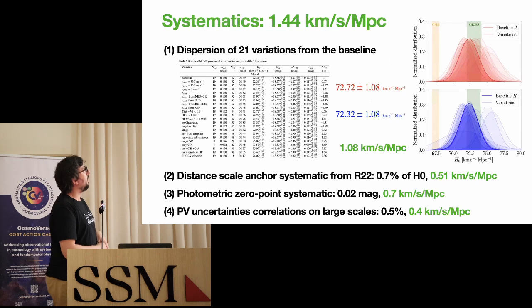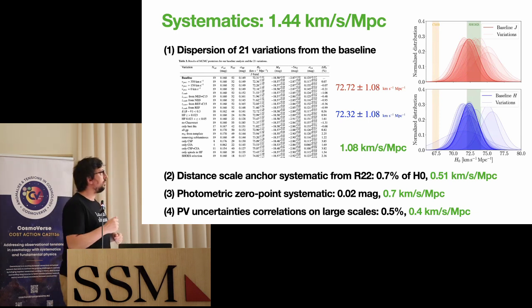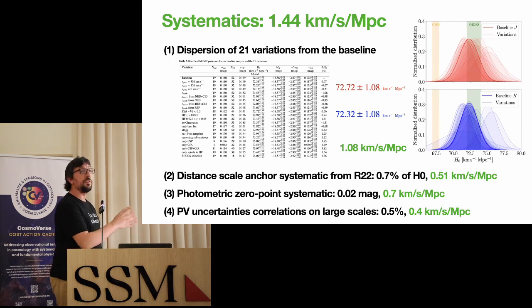Then, for estimating the systematics, we performed up to 21 variations, including template fitting, only using data from different surveys, CSP, CfA, changing the peculiar velocity corrections, changing the redshift from different sources, only using those in galaxies with lower Milky Way extinction, changing the Hubble flow cut, things like that.